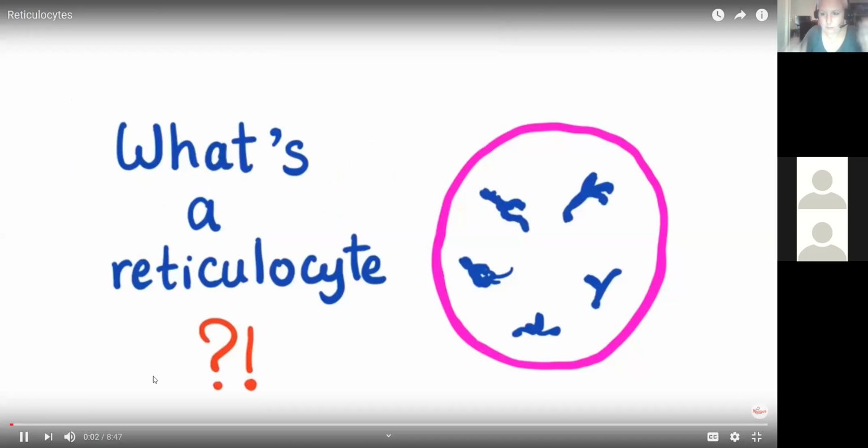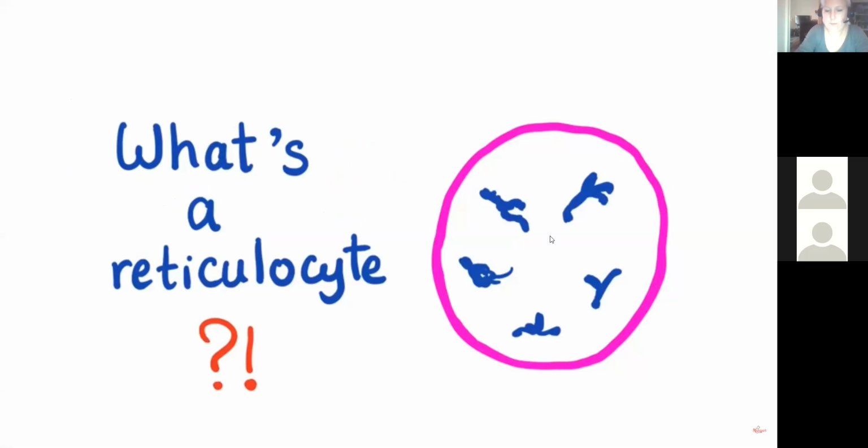Hey, this is our third video in our series on hematology. In the first one, we talked about hematopoiesis. In the second one, we started talking about the RBCs. But now, what is a reticulocyte?